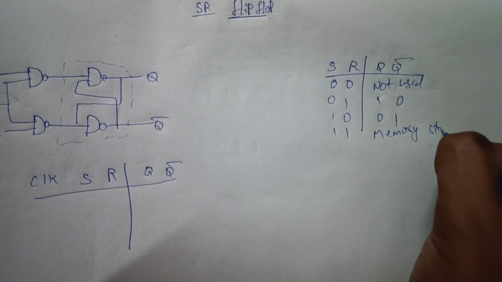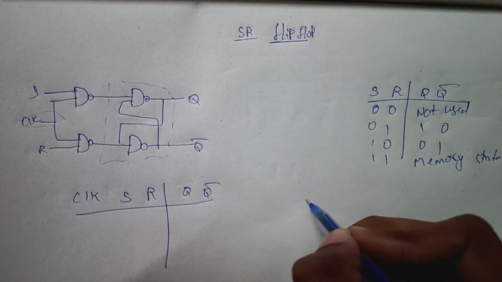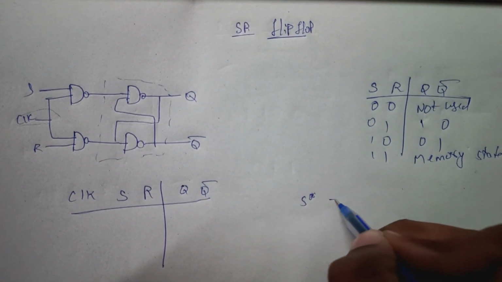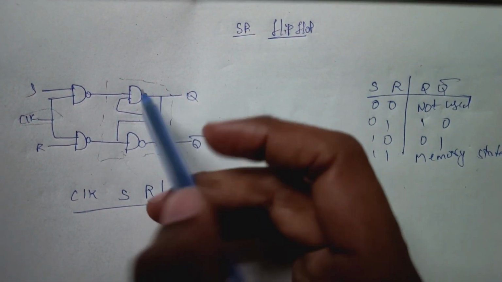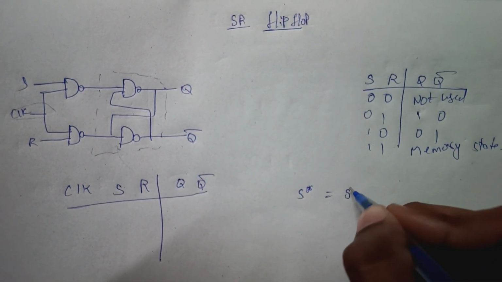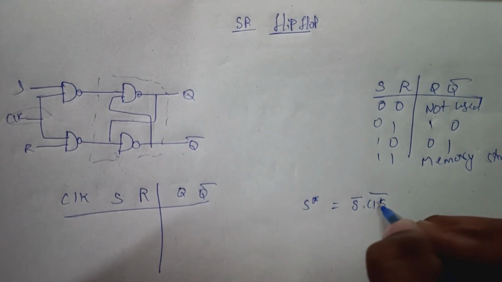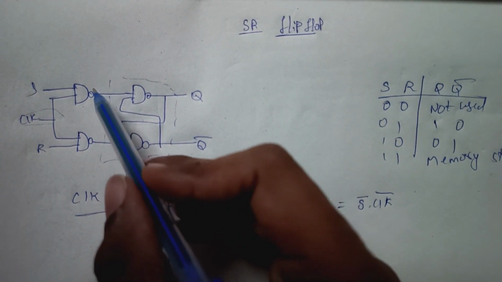Here I am considering S star, and what are the inputs? We have S and clock bar, which is nothing but the output of this flip-flop.